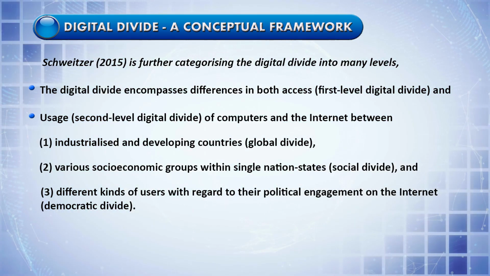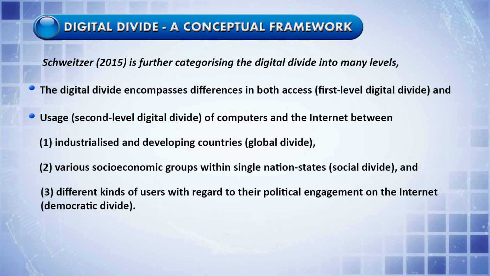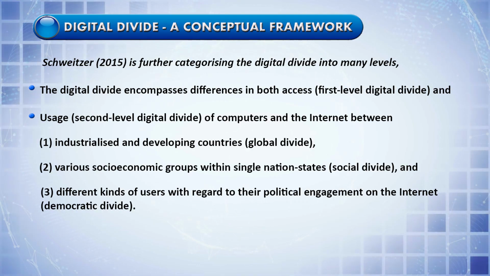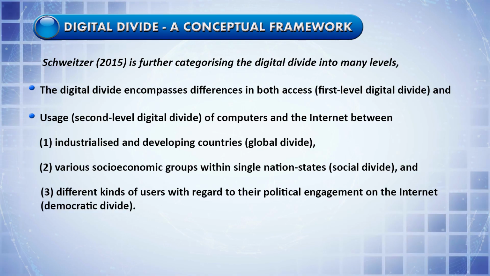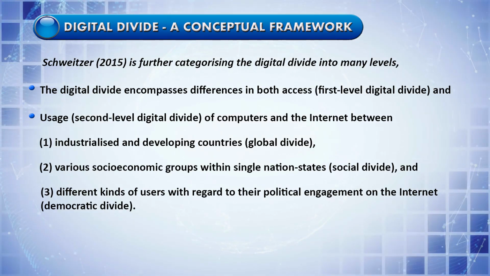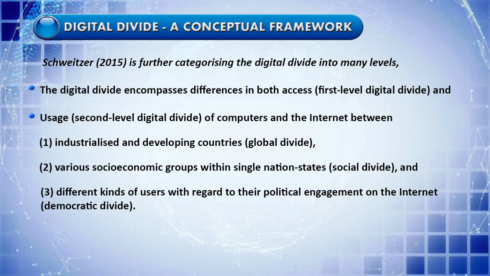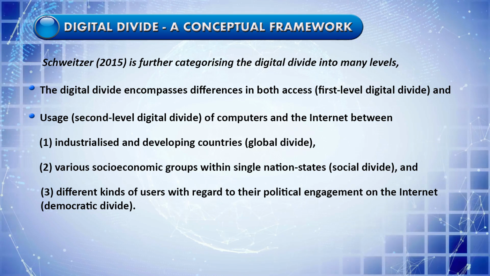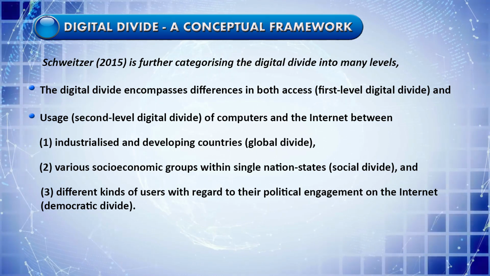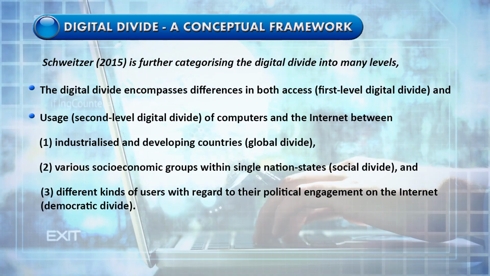Many countries adopt different policies towards providing connectivity at different levels: stringent restriction, moderate restriction, open access. That divide we can call a democratic divide. So, primarily we can divide the digital divide into the first level that talks about having access, and the second level, the usage. Within the usage level, we can have a global divide, social divide and democratic divide.